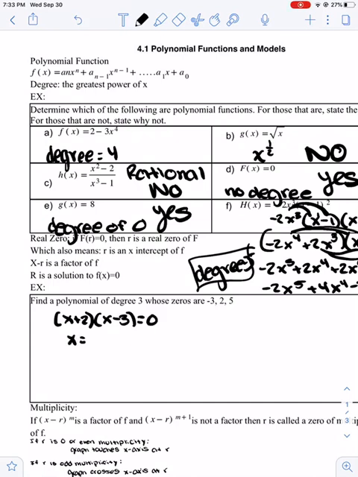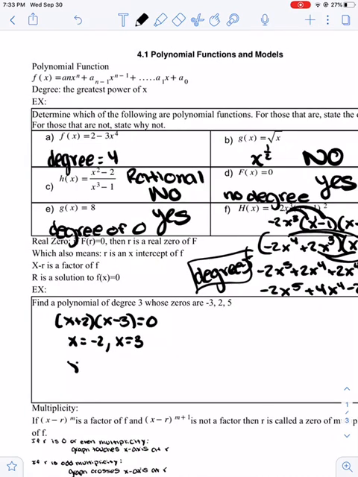And we end up with x equals negative 2 and x equals 3 by setting both equal to 0. Because we would do x plus 2 equals 0, minus 2 minus 2, x equals negative 2. And as you notice, it's the opposite. So in our parentheses, we had an x plus 2, but our 0 is really negative 2.